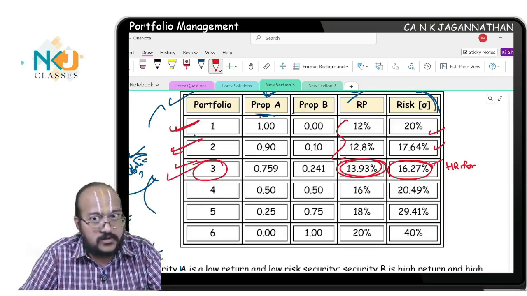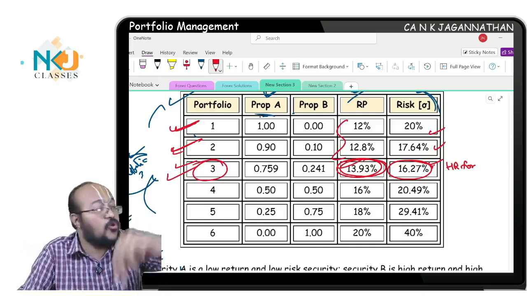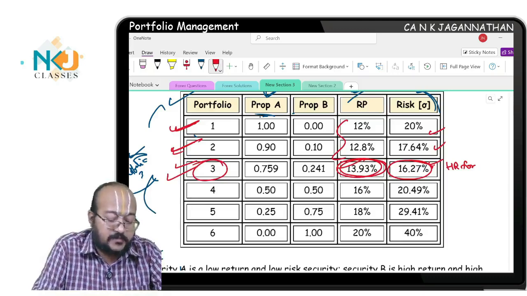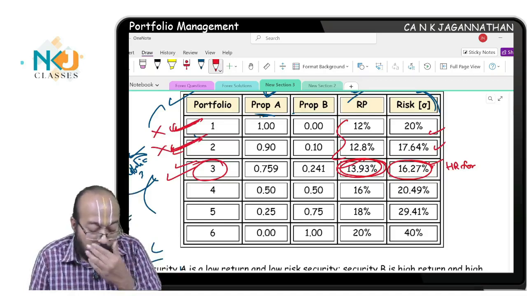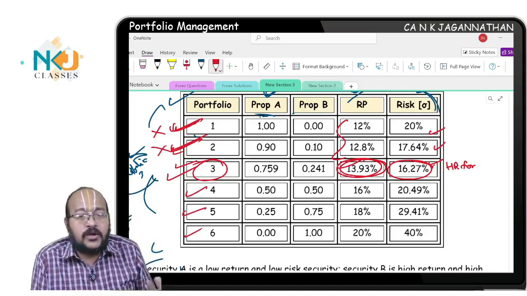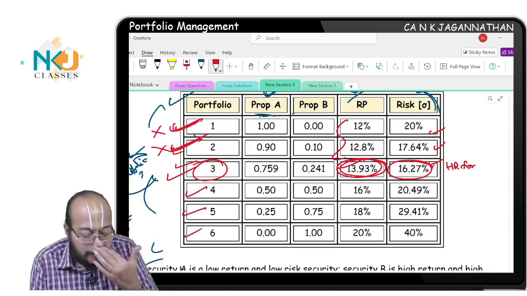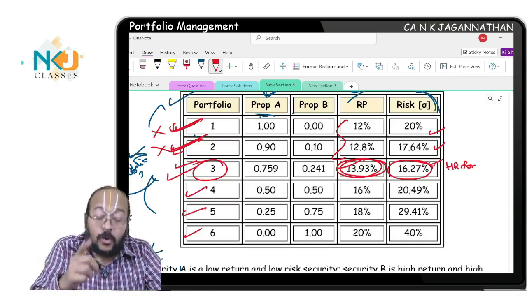Are you listening to this concept? Why? Because it is giving higher return for lower risk. Condition agreed, accepted. So 1 and 2 became inefficient compared to portfolio 3. Now let us verify whether portfolio 4, 5, 6 are also inefficient compared with portfolio 3, or whether portfolio 3 becomes inefficient compared to portfolio 4, 5 and 6. Not so. Why?